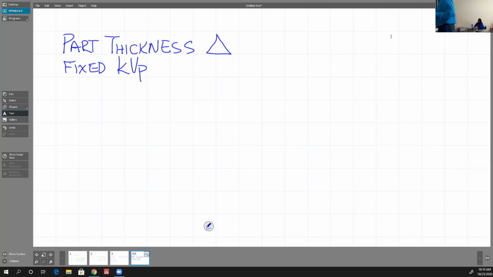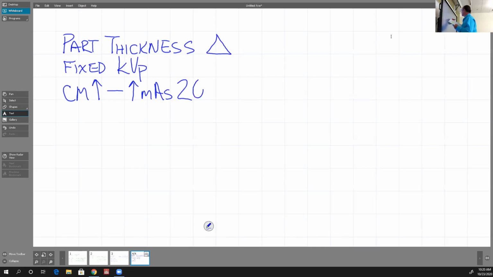So for every centimeter increase, you're going to increase mass 20%. That's exactly correct. This doesn't pertain to this equation, but if it's kVp you're changing, isn't it just add 2 kVp per centimeter? Or subtract 2 kVp per centimeter, yes.